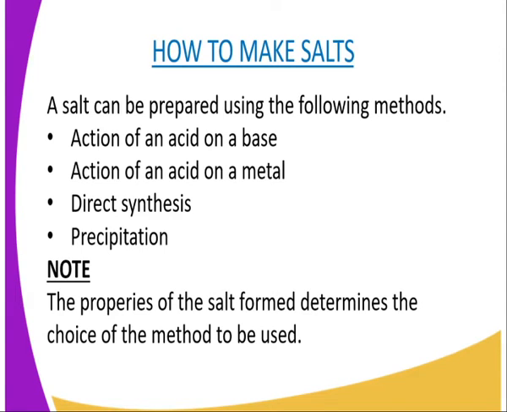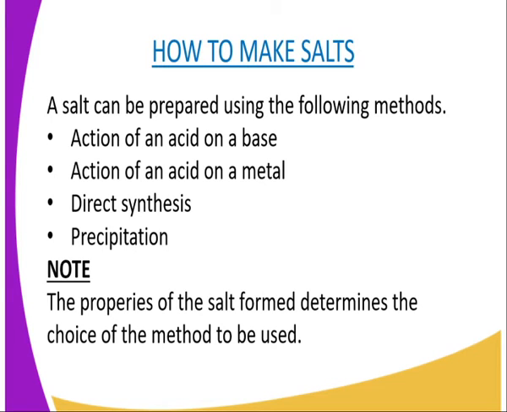We can also combine 2 elements, for instance sodium and chlorine, direct synthesis to give us a salt, and we can also prepare a salt using the precipitation method, which is used to prepare insoluble salts. So note that the salt to be formed determines the choice of the method to be used.